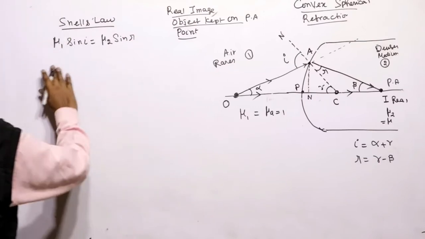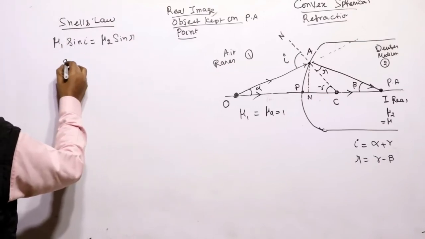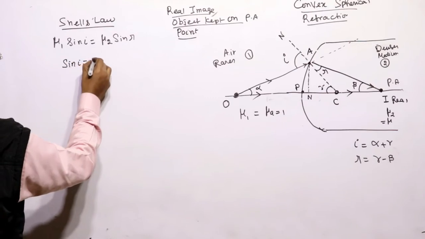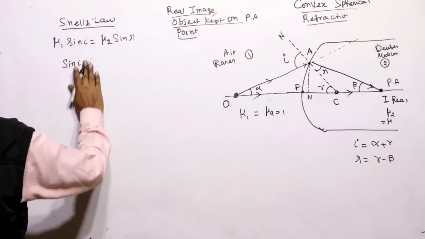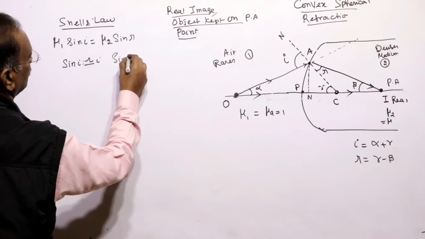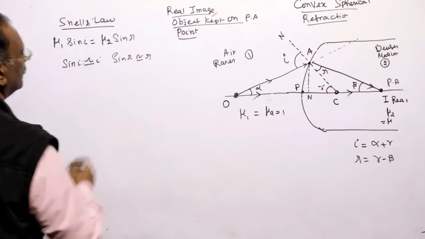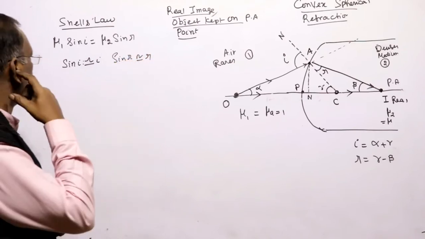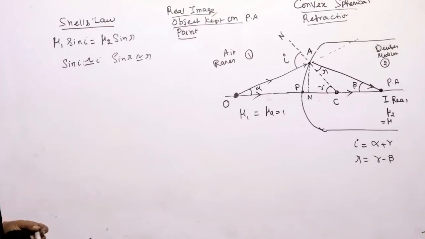Now we can use this approximation. What is the approximation? Sine I is approximately equal to I, and sine R is approximately equal to R, by the paraxial approximation.